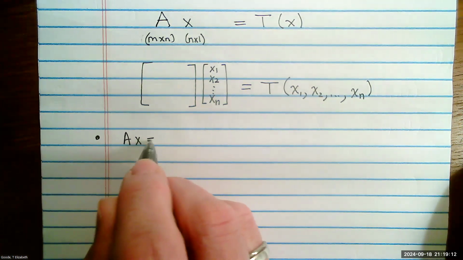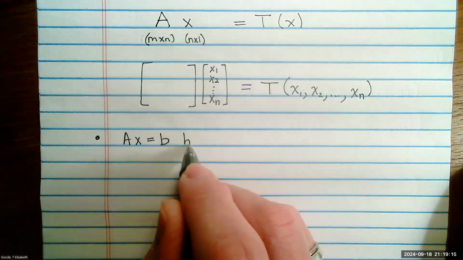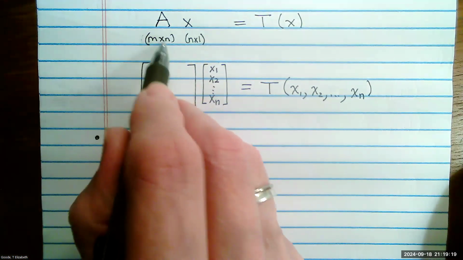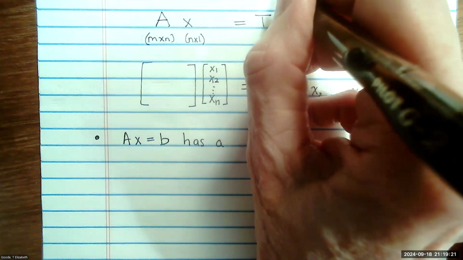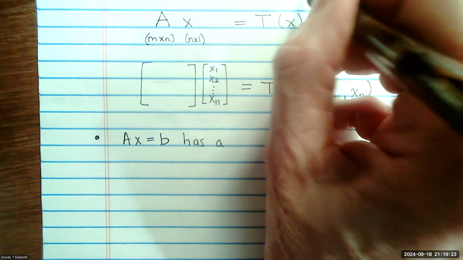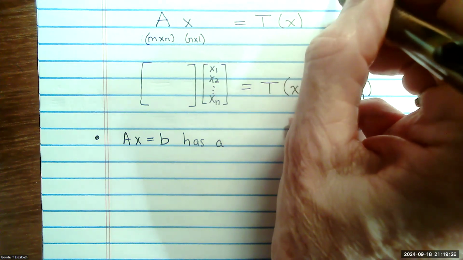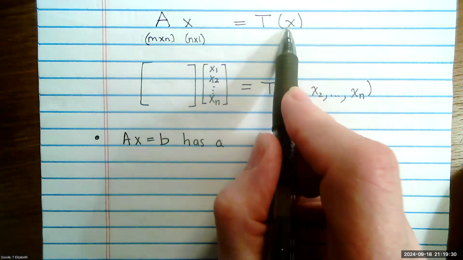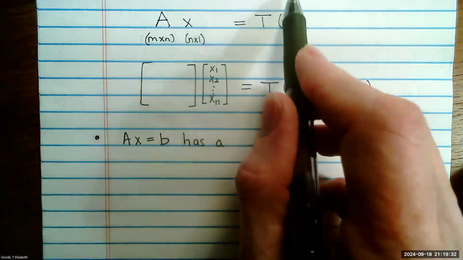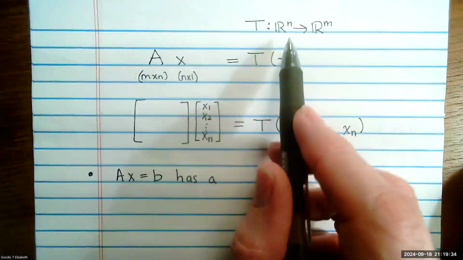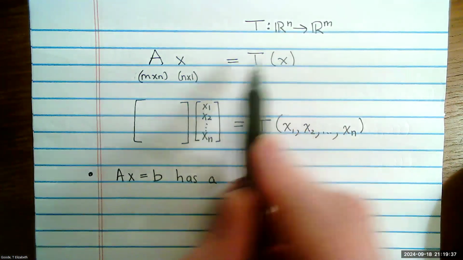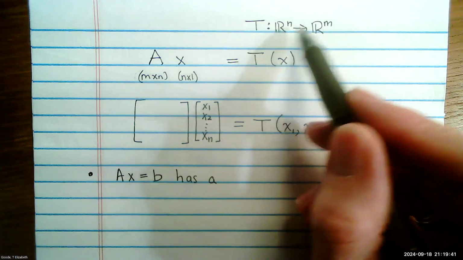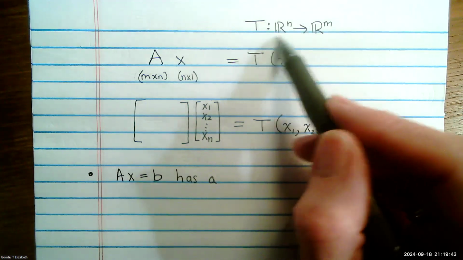AX equals B has... oh yeah, and by the way, if A is m by n, then T is a function from Rn to Rm, because T is acting on a vector X that's n by 1. So the vector X is living in Rn. It just lives in Rn.